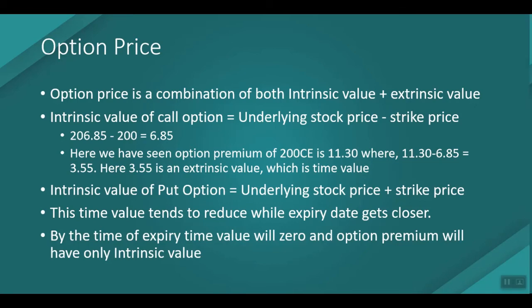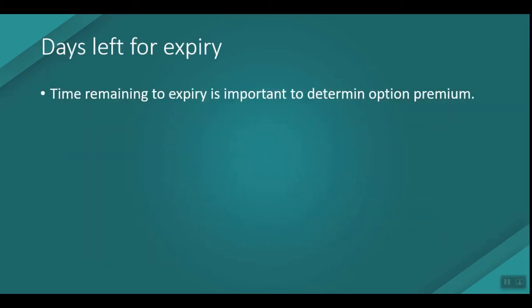So whatever time value we have here, which is 3.55, will move towards 0, and by the time of expiry, the options will only have intrinsic value and will not have any time value.